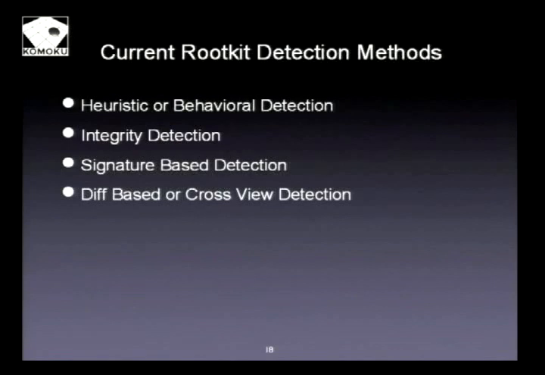All right, so that's kind of the background on the state of the art, if you will, in rootkit techniques. Now, let's turn the tables and look at what are the ways that people are commonly using to detect these rootkits, and then talk briefly about the remediation.